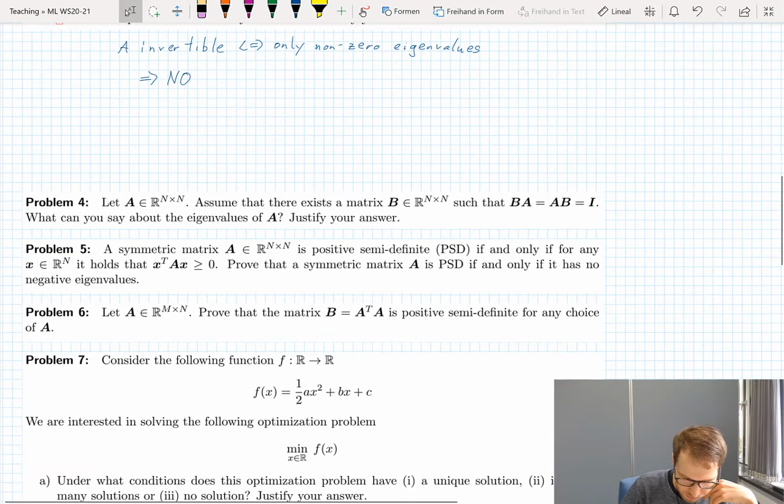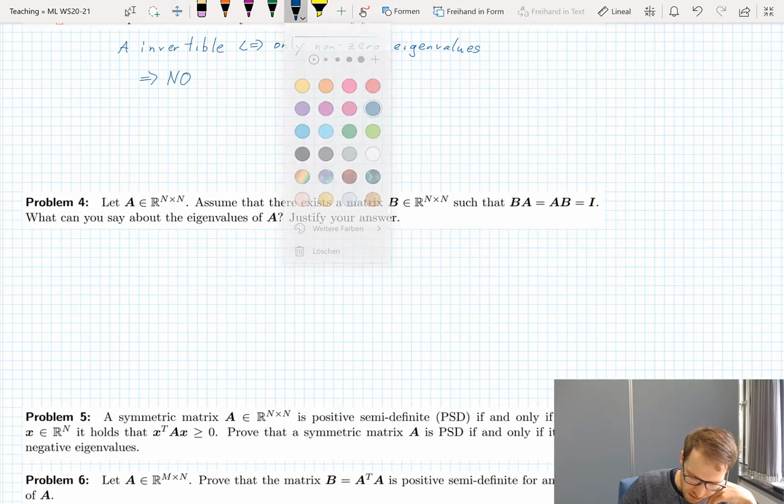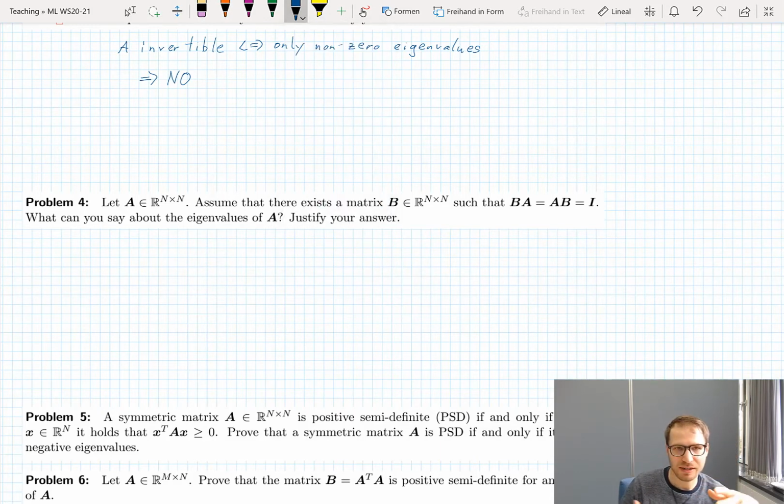Okay, problem 4. Assume that there exists a matrix B such that B times A equals A times B equals I. What can you say about the eigenvalues of A? Justify your answer. Let's see. If B times A equals A times B equals the unit matrix, that means by definition B is the inverse of A. This is exactly how you define the inverse.